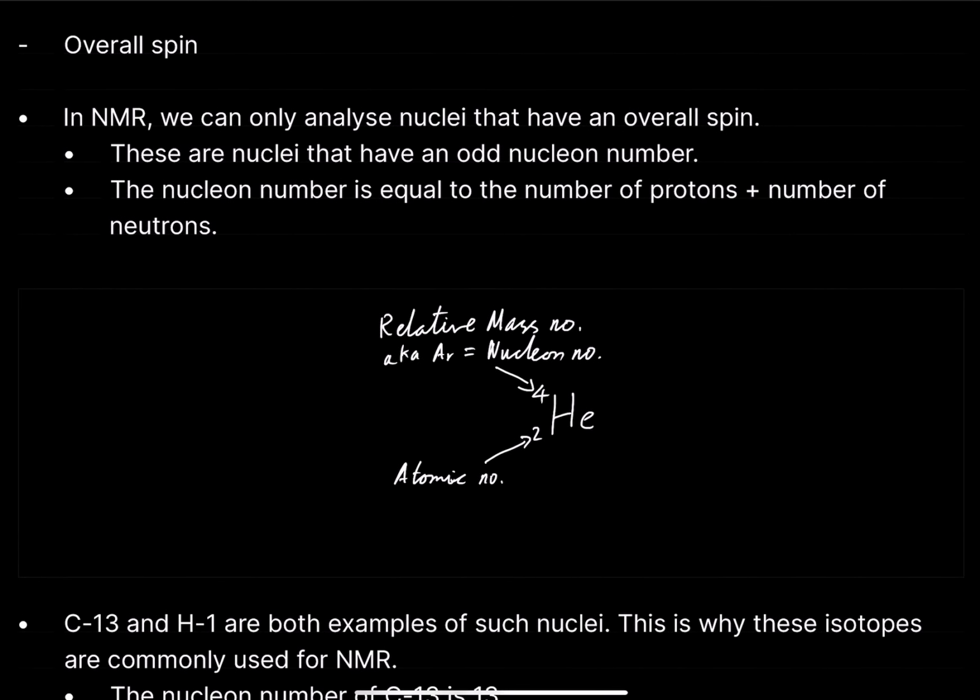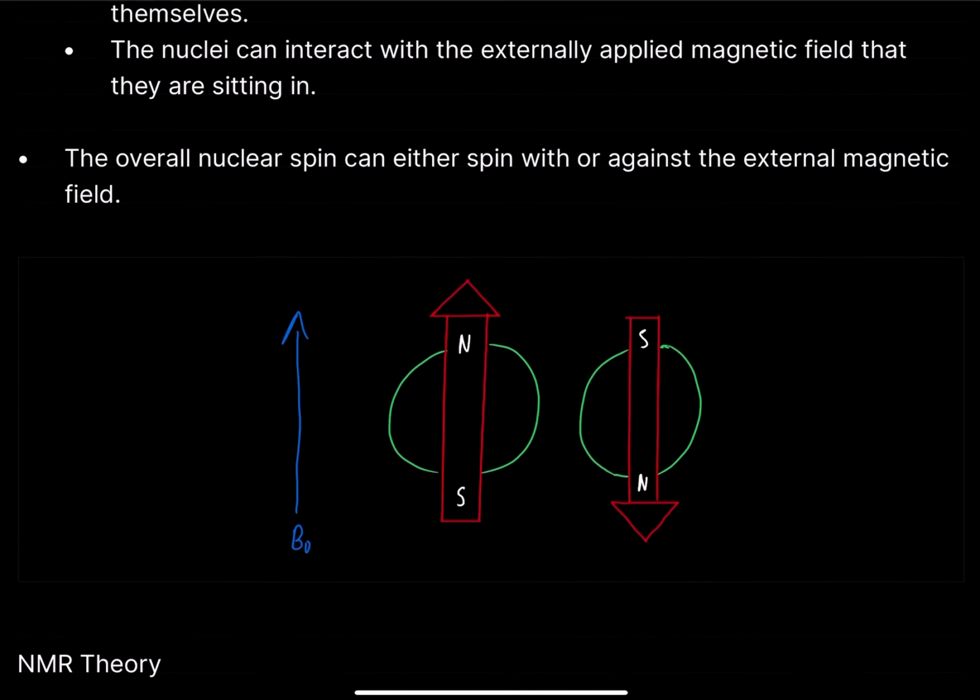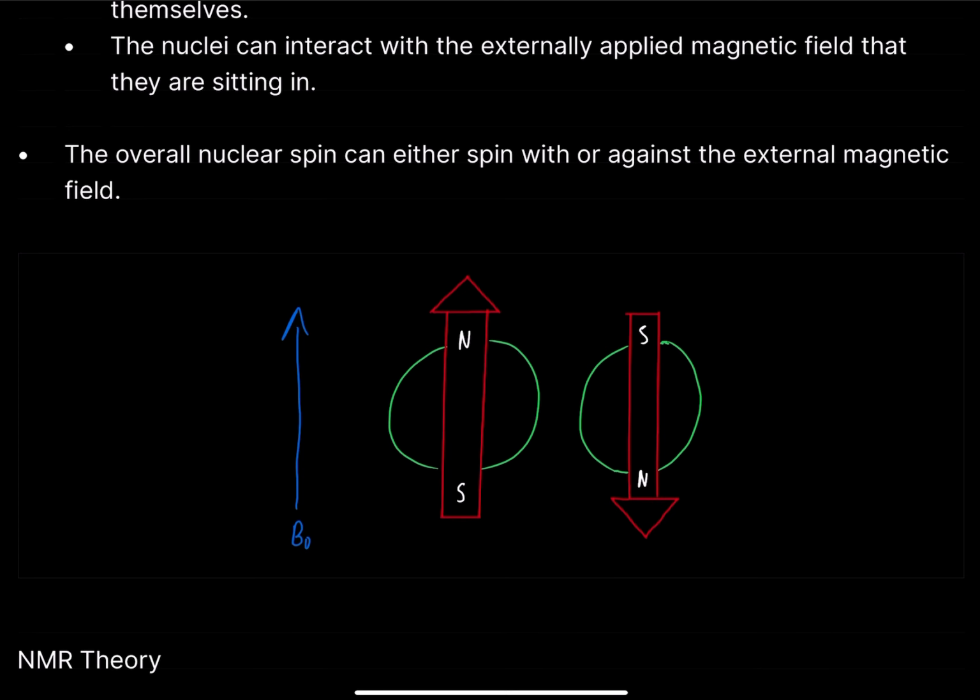Say I have this little box here, with some nuclei going in different directions. If it's an even nucleon number, there'll be no overall spin. They're equally going this way, that way, this way, that way. However, when it's odd, there will be an overall spin.